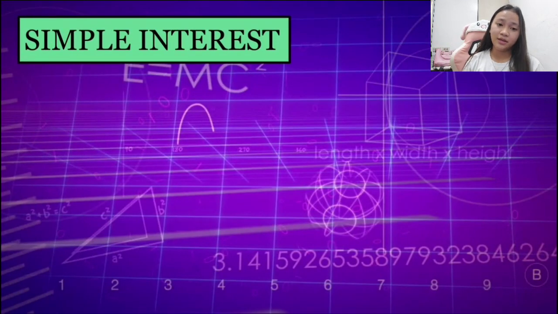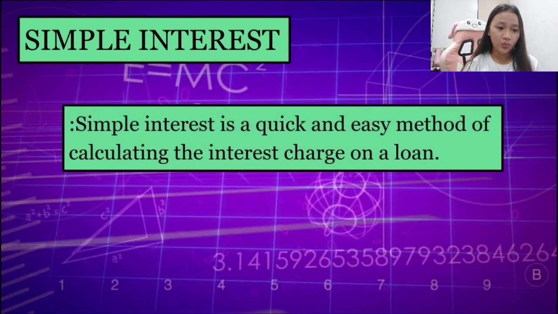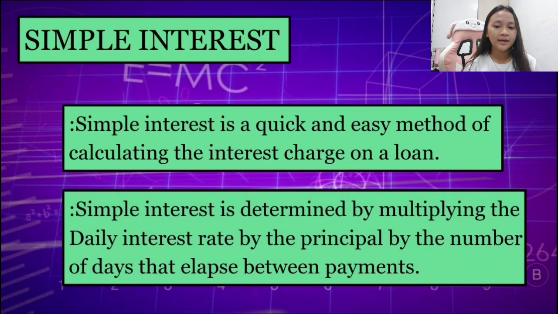What is simple interest? Simple interest is a quick and easy method of calculating the interest charged on a loan. Simple interest is determined by multiplying the daily interest rate by the principal by the number of days that elapse between payments.